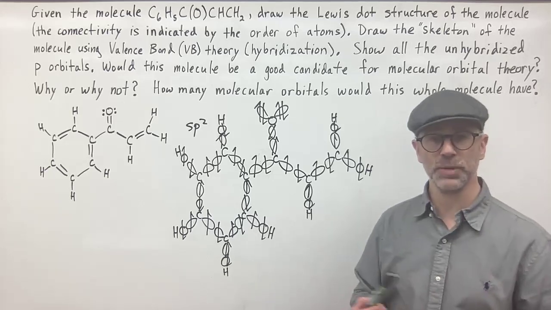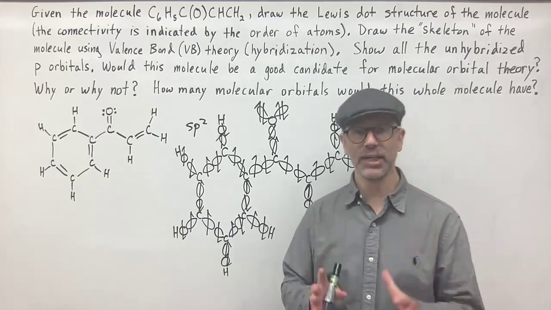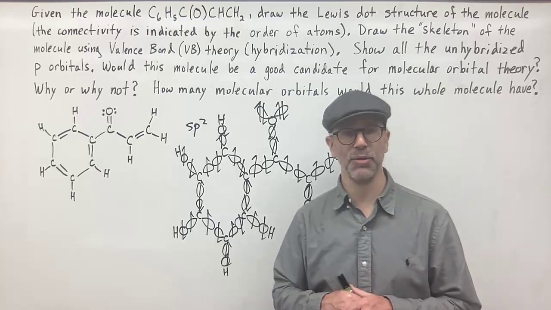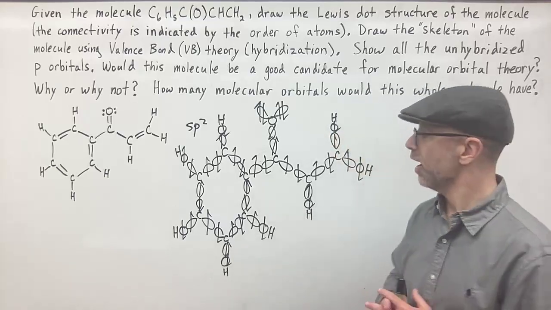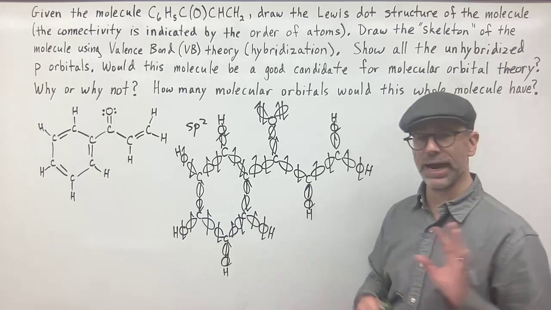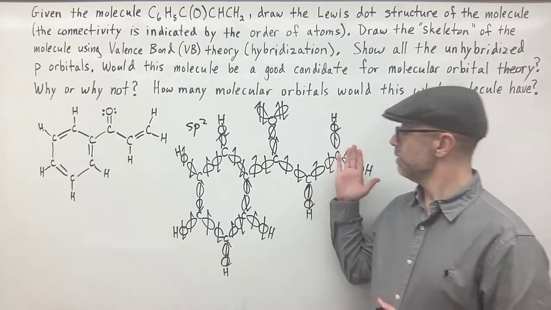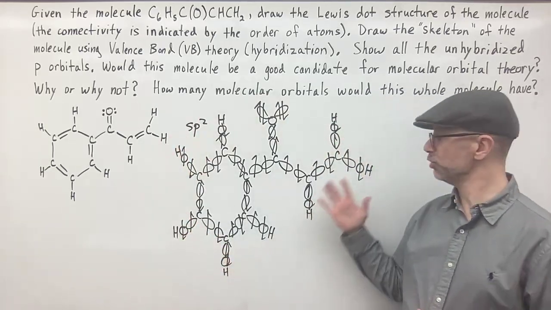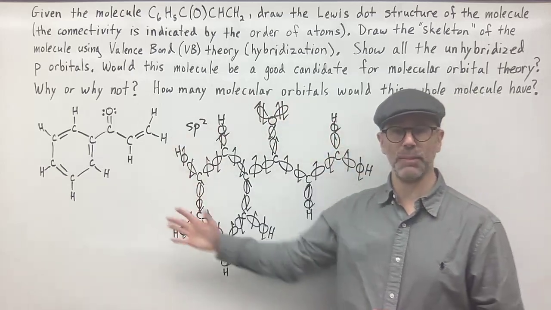Now, where are those p orbitals? I can't draw them, even though it's asking you to show all the unhybridized p orbitals. My artistic abilities are just not that good. But what I can say is this is a completely planar molecule since they're all sp2 hybridized.